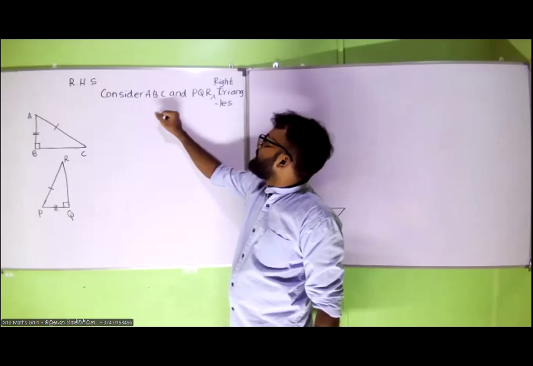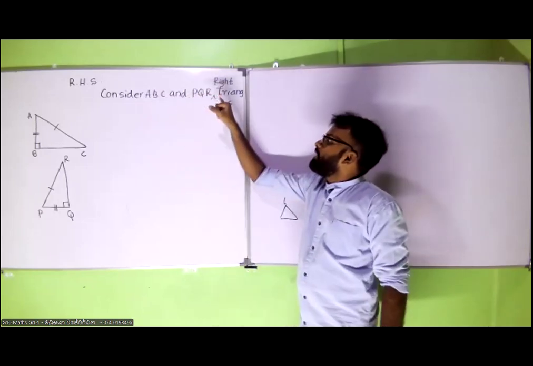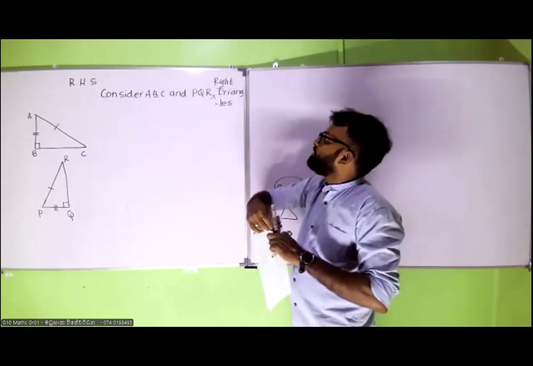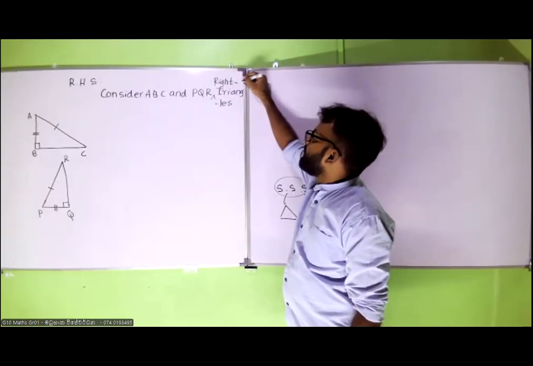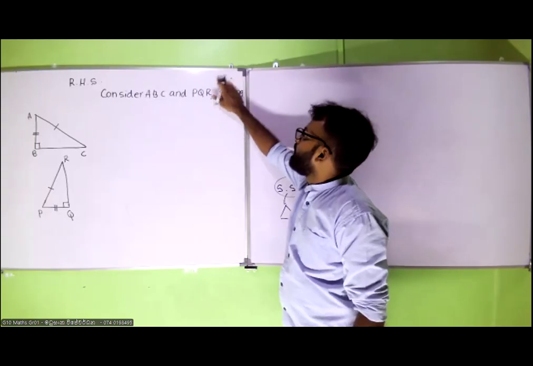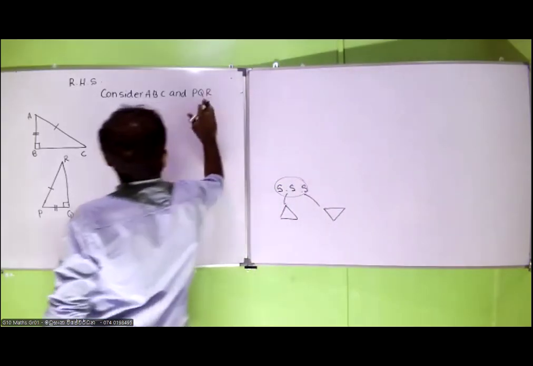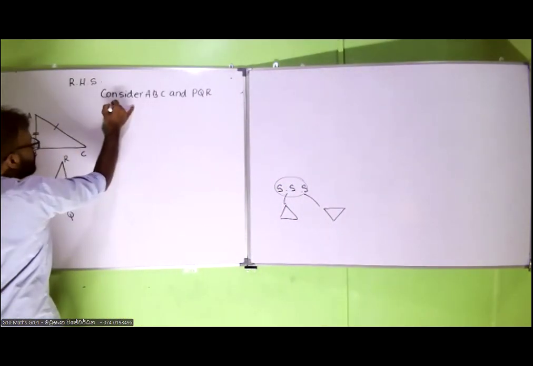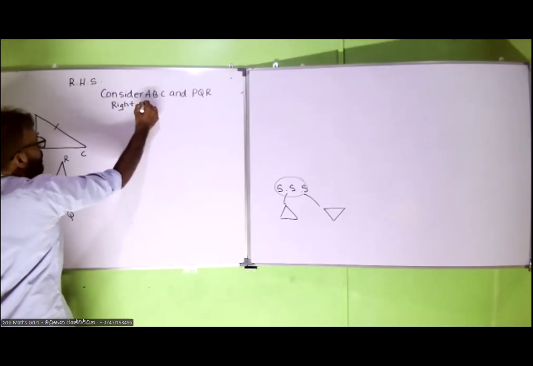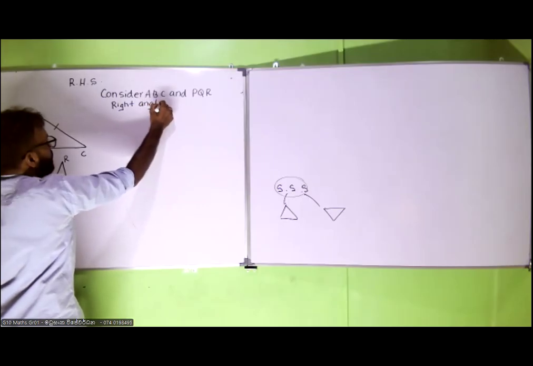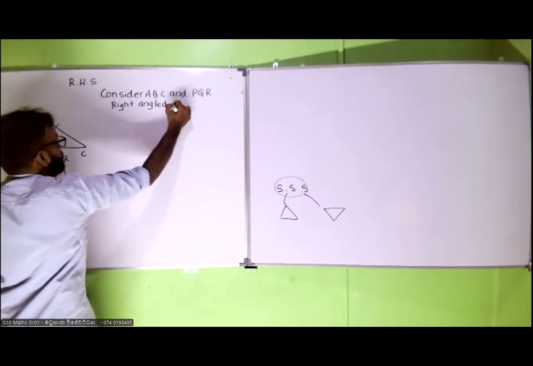Consider ABC and PQR right angle triangles. I will write it in full: right angle triangles.